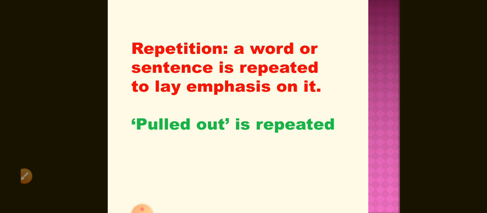For example, "the root is to be pulled out of the anchoring earth", "rope tied and pull out, snapped out", or "pull out entirely out from the earth cave". So this is used repeatedly to lay emphasis on it. That is why we say it is repetition. I hope you have understood this part very well.